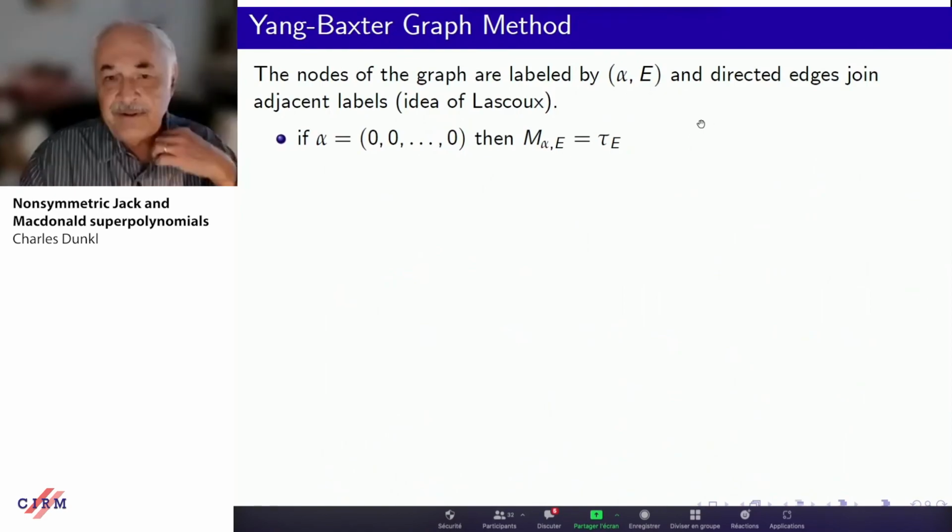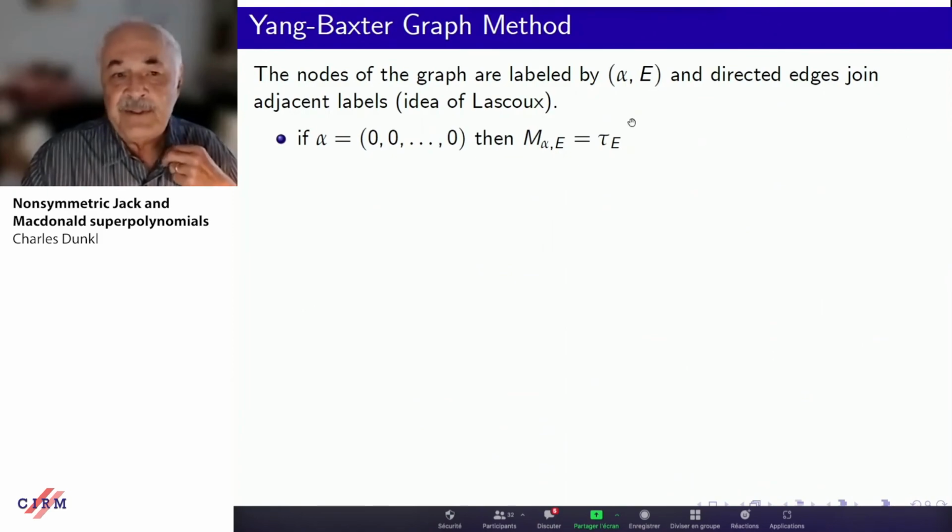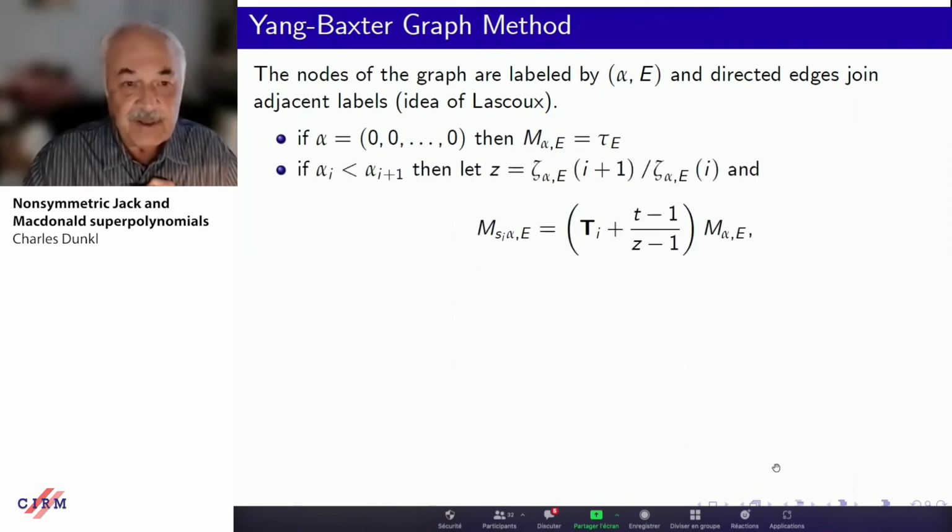To work with norms or construction of these, we use the Yang-Baxter graph technique of Lascoux. You put the nodes labeled by the multi-index and the set, and then you have directed edges, which give you the direction of the construction. The start is at the bottom, M alpha E, so this just depends on the set.